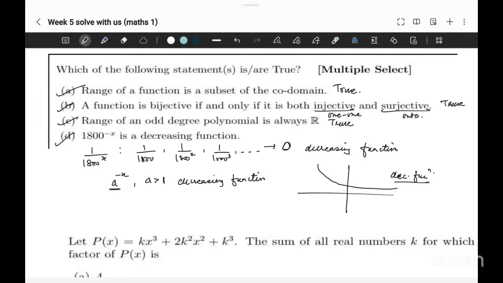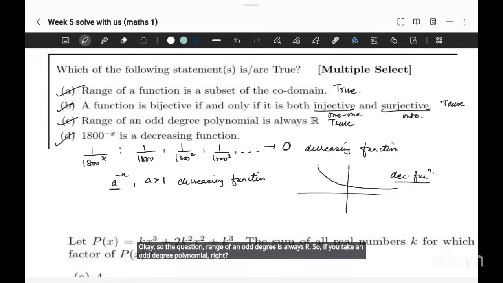So, one second. Okay, the question: range of an odd degree polynomial is always R. So if you take an odd degree polynomial, right?